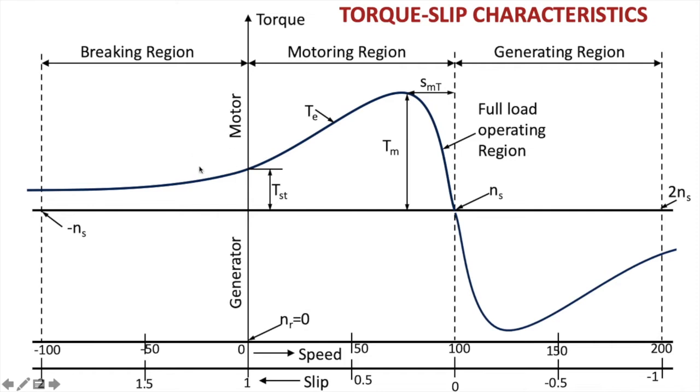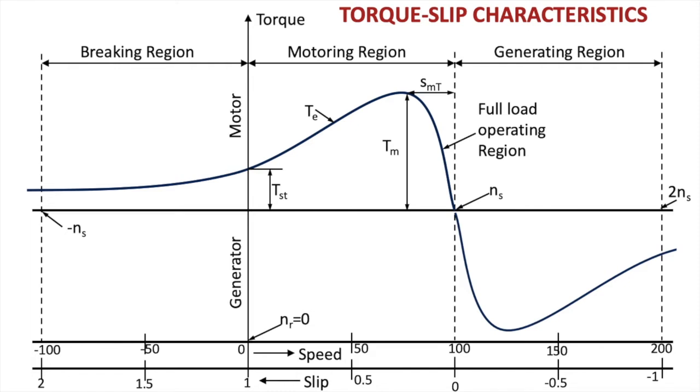Now if the motor is in the running condition and we change the phase sequence, then the rotating field produced by the induction motor changes and becomes minus Ns, while the motor is still rotating in the same direction as before. So the relative speed between the rotor and the rotating magnetic field becomes almost double the synchronous speed, and that is known as the plugging of the induction motor.